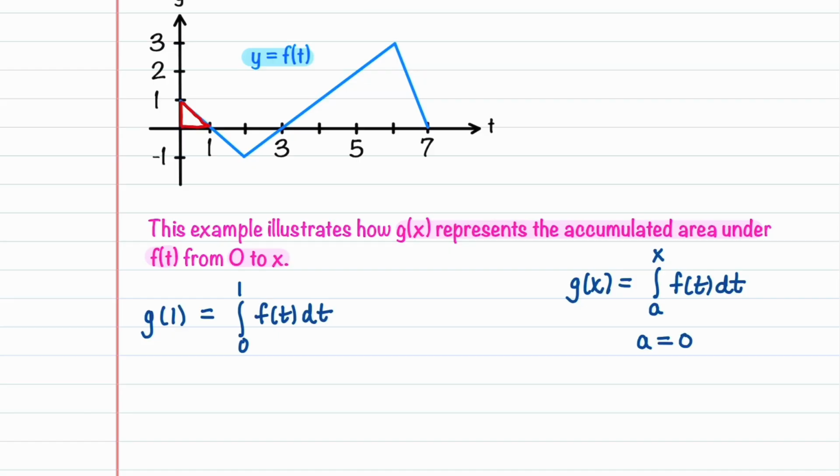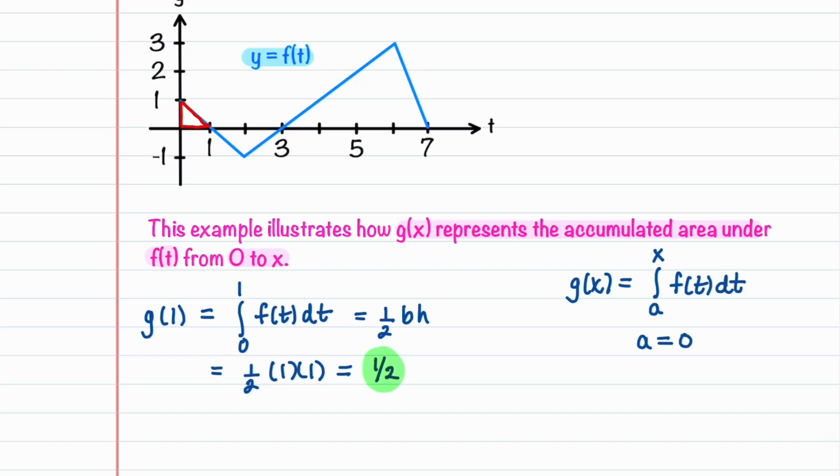It is a triangle, so we can write our answer as 1/2 the base times the height. Let's see what that is. This is 1/2, our base is 1, and our height is 1, so we get the value 1/2. So g of 1 is equal to 1/2.